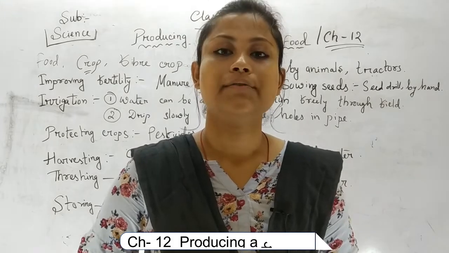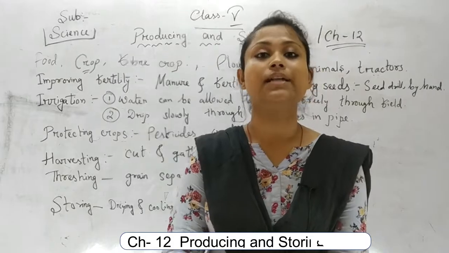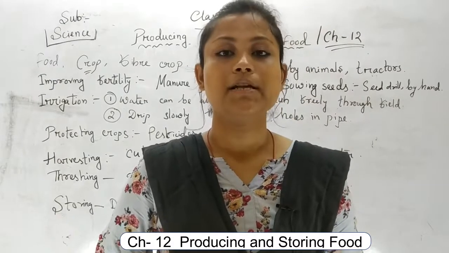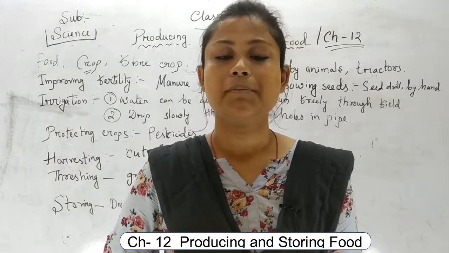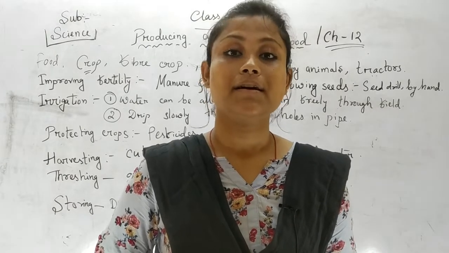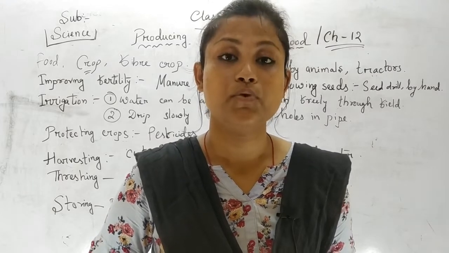These things we are getting from nature. The farmers are producing these things in nature, and from nature we are getting our food. Yes or no? But there are some processes the farmers need to follow to grow these crops. Yes or no? Because without care, the crops will not grow and we will not be able to get the food which we want.